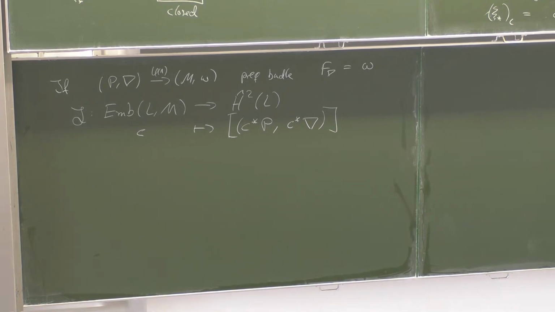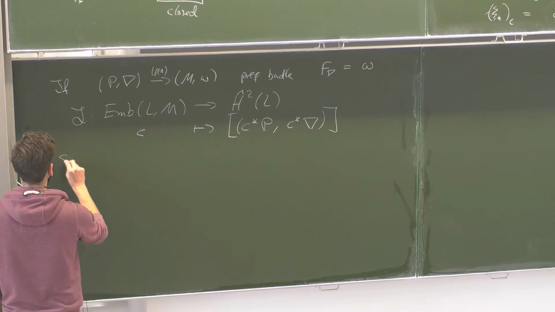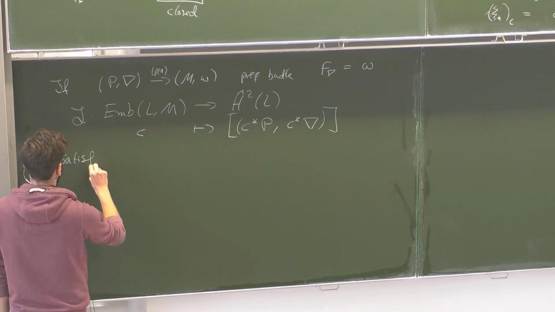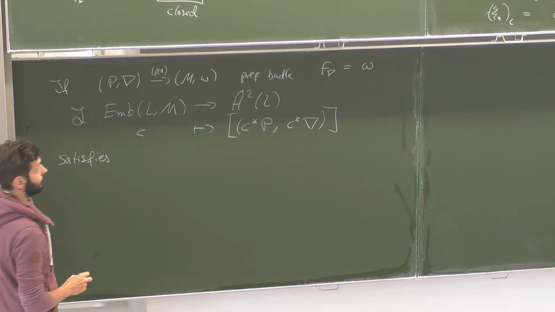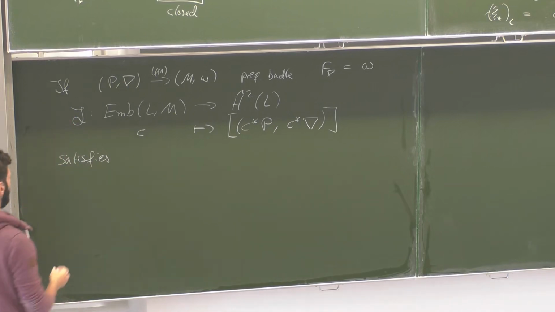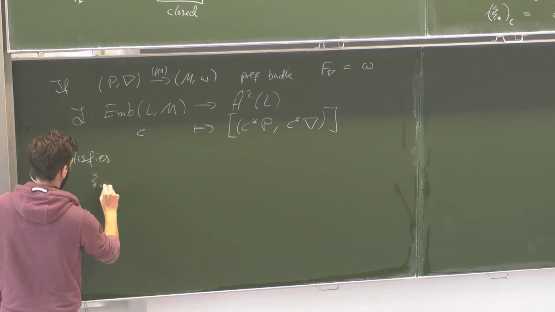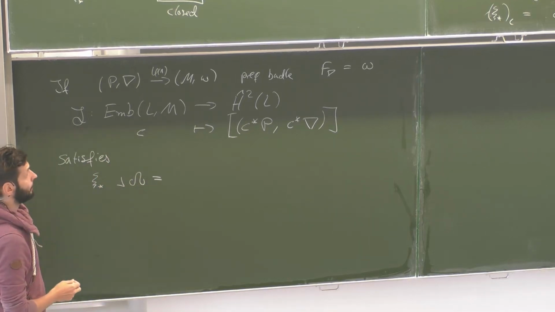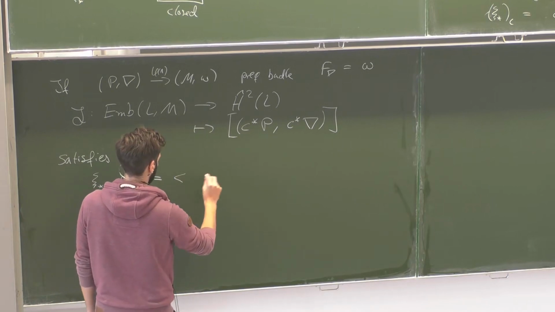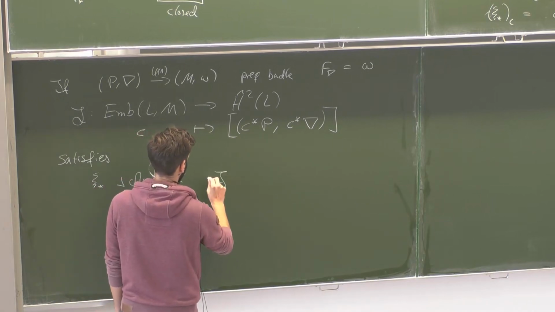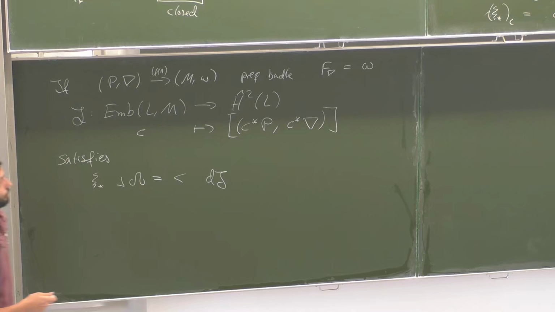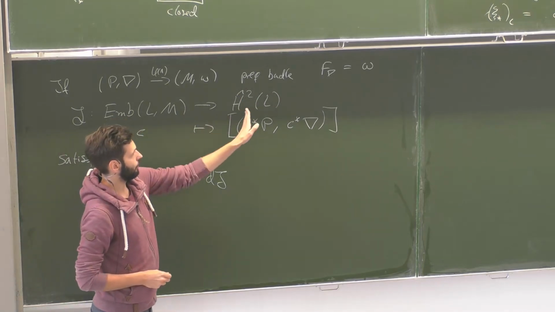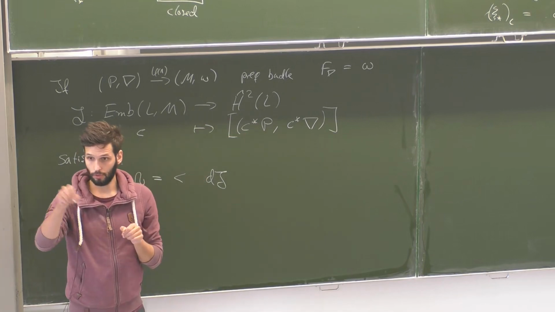And this one satisfies an equation that looks very similar to the one above, namely that if you take the fundamental vector field and you plug it into your symplectic form, so over there we had that we get d of J, but a d of J in this case would be something that takes values at a certain element of the target group.